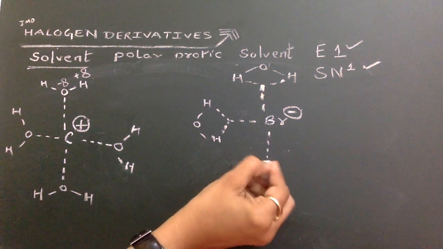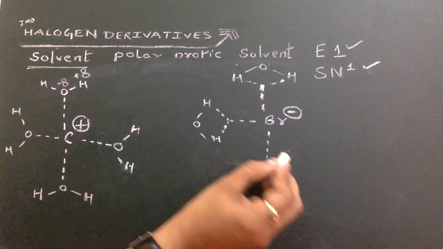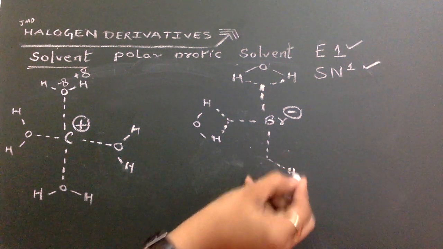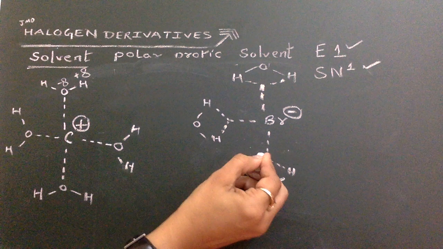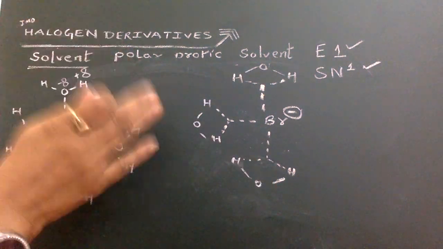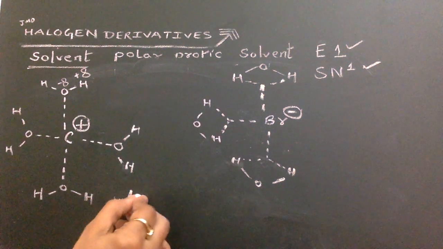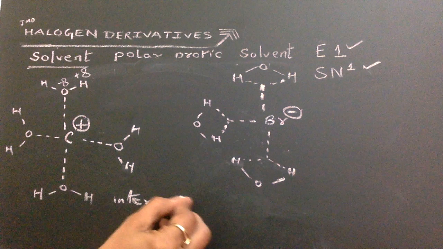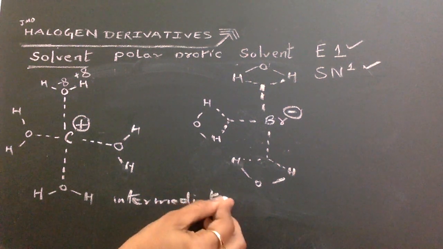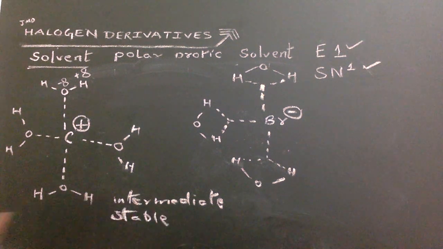It attracts the H of water, and hence we know that this intermediate becomes stable. The carbocation intermediate becomes highly stable. It means it is formed, क्योंकि जब वो बनेगा तो ही आगे किसी से रिएक्ट करके आगे का रिएक्शन होगा.